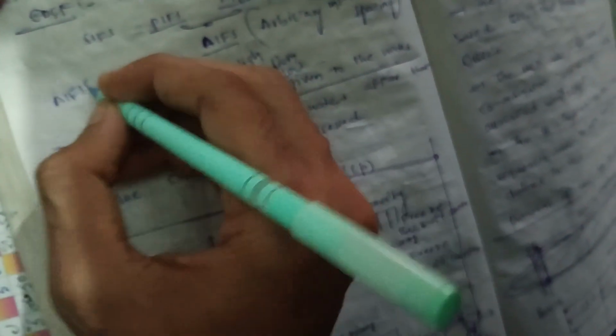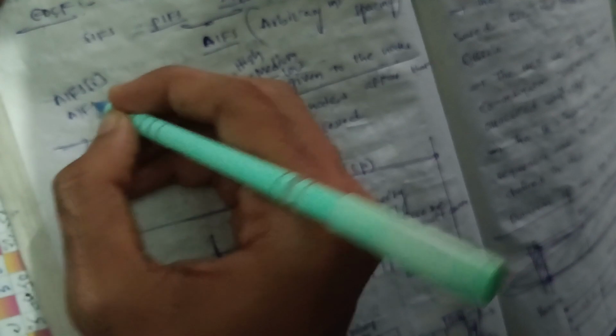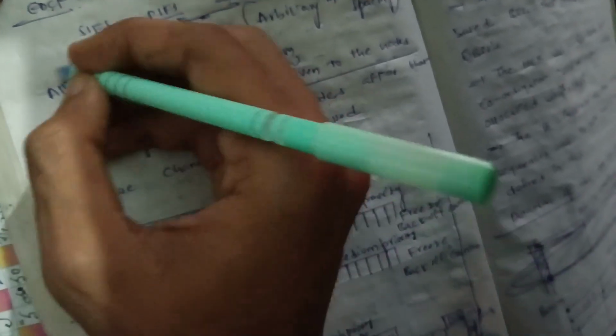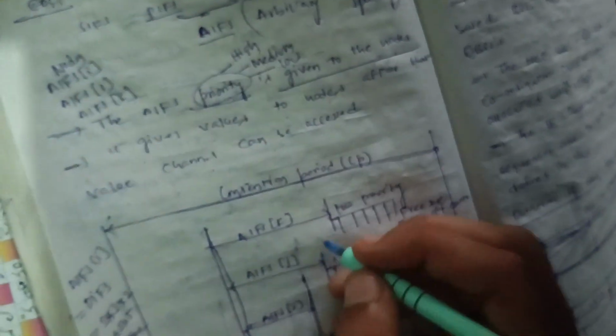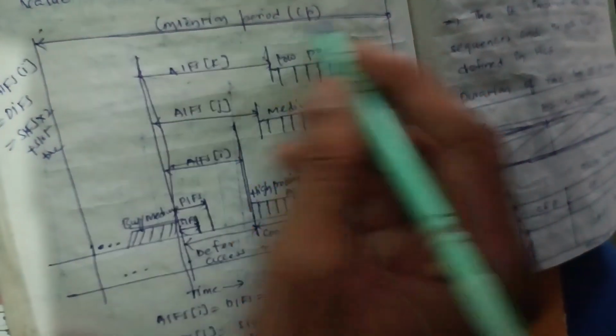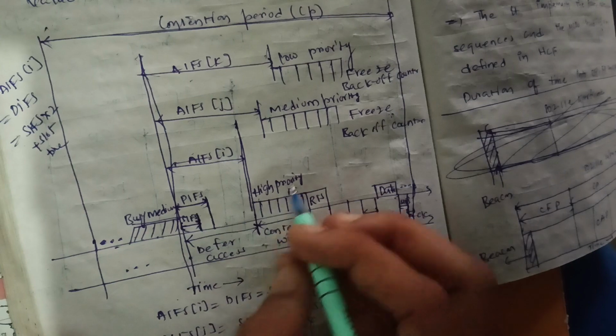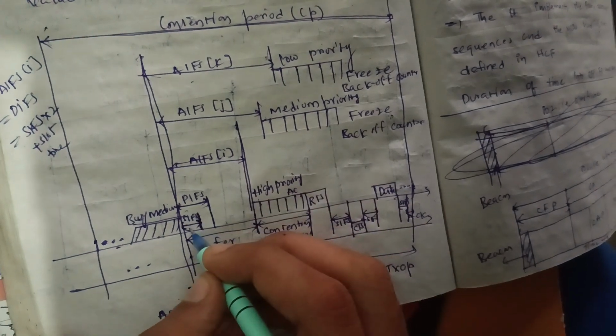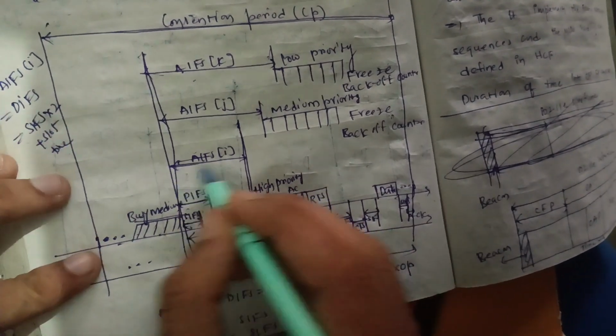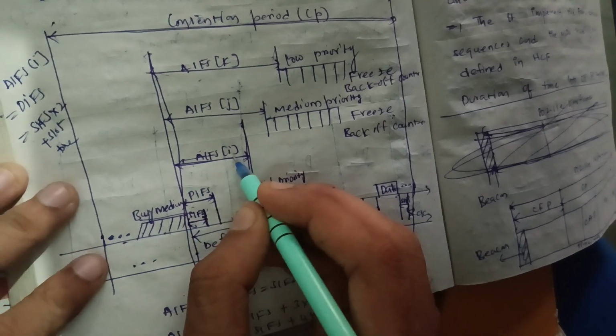Let's consider three nodes: AIFS of I, AIFS of J, AIFS of K. Consider the channel in the contention period. The first part is the busy medium, and after some SIFS and PIFS time, the first node AIFS of I is allocated.